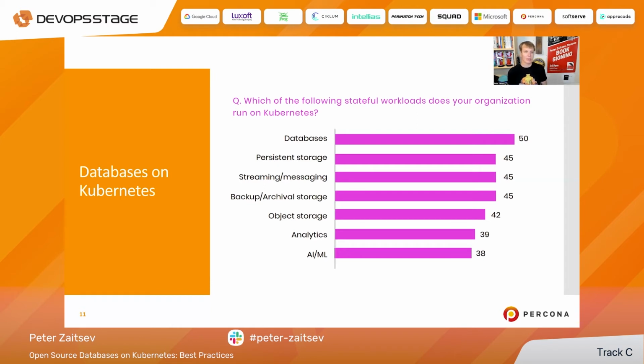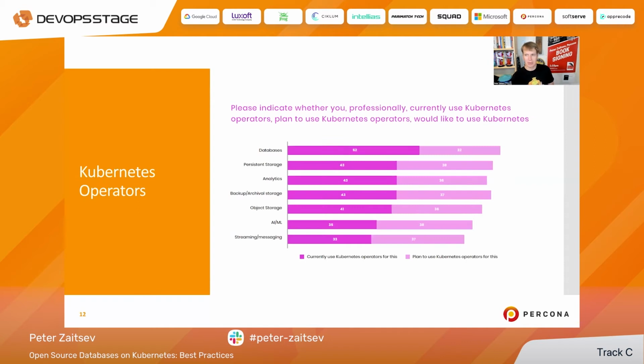Now, I mentioned already there is this concept called a Kubernetes operator, which is how we like to run databases on Kubernetes. And you can see that a very large number of people actually use Kubernetes for databases specifically, right? And again, for quite a few reasons, and we'll talk about those reasons a little bit further on.